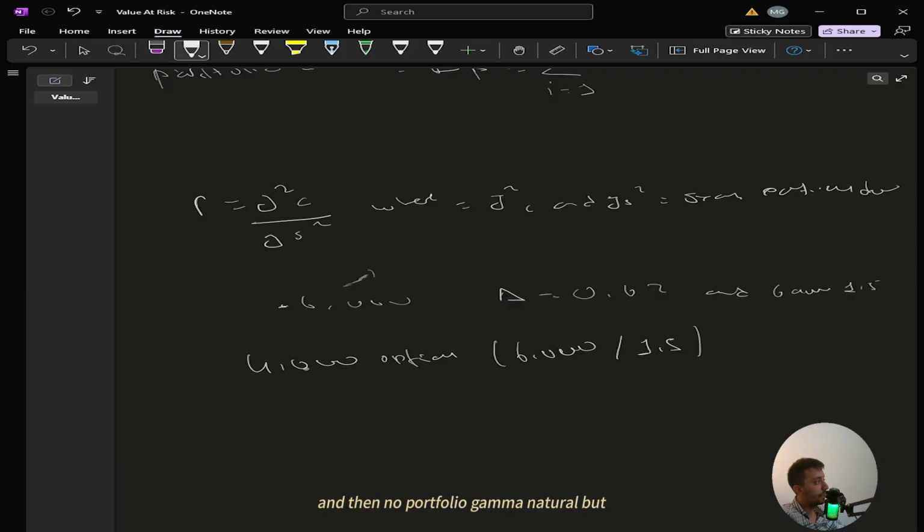And then the portfolio is gamma neutral, but the added option has changed the delta position from 0 to 4,000 times 0.62. Sorry, this is gamma, my bad.